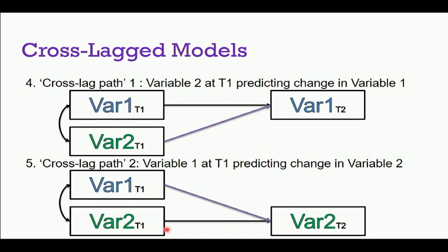And then we partial out the baseline effect of the IV. And so we're just looking at the change in the IV at time 2 explained by the DV at time 1. So the well-being at time 1, whether it explains the links to community at time 2.